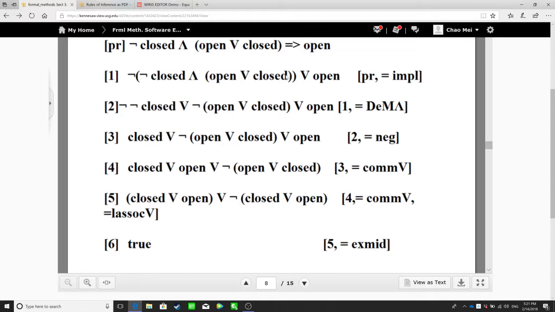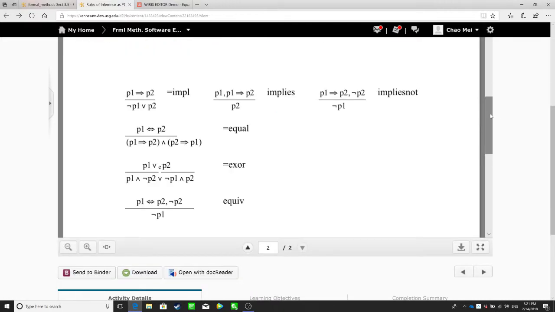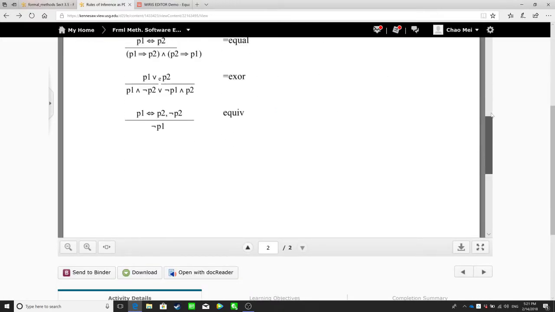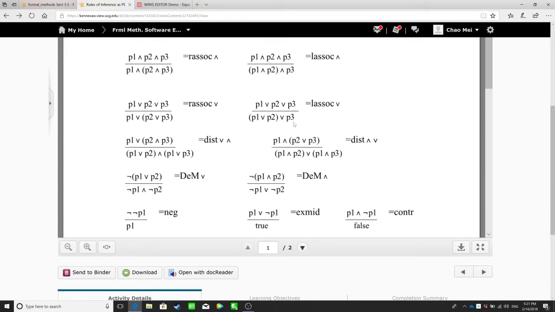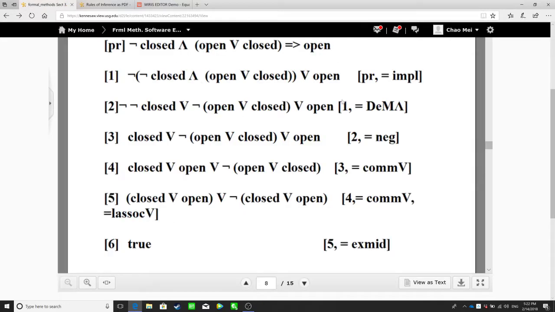So what you need to do here, after you've written it to this kind of form, is use this rule. If you're still not familiar, we didn't use that. Basically you put this negation inside.